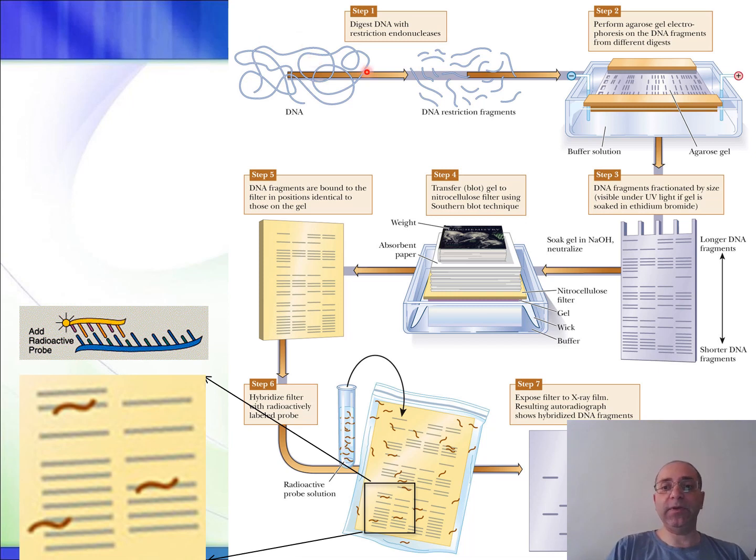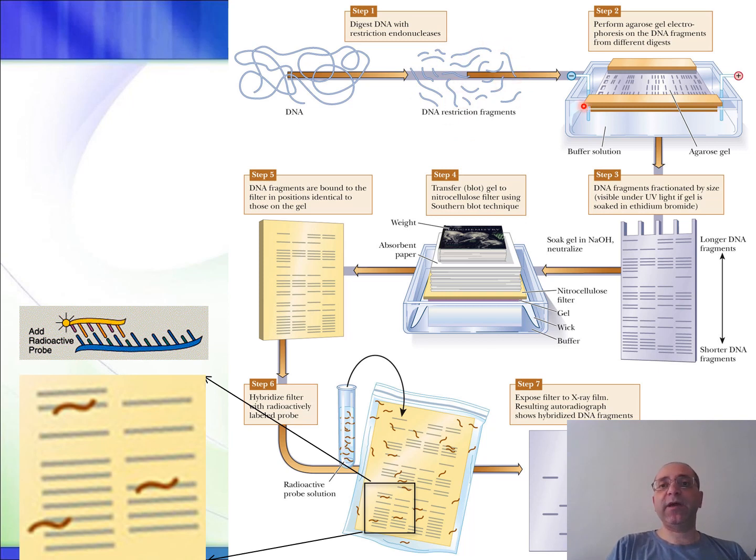So genome is basically the total collection of DNA in a cell, or total collection of DNA in an individual. Okay, so we say the human genome, your genome, or we can say the cell's genome. So the whole genomic DNA is fragmented into smaller pieces.